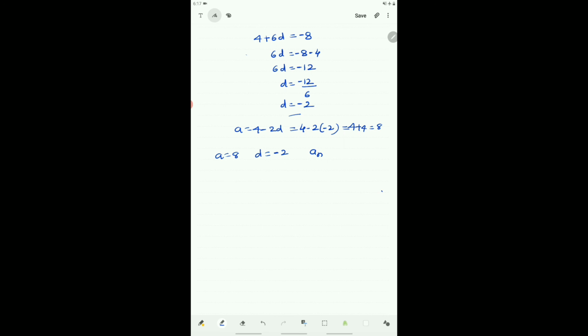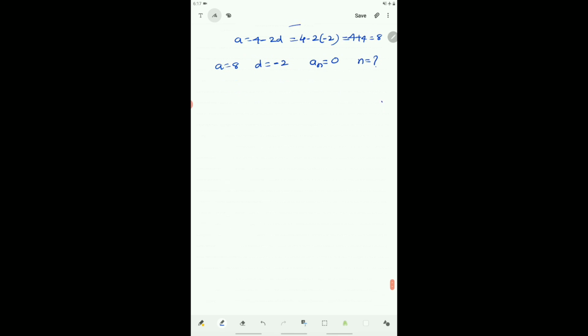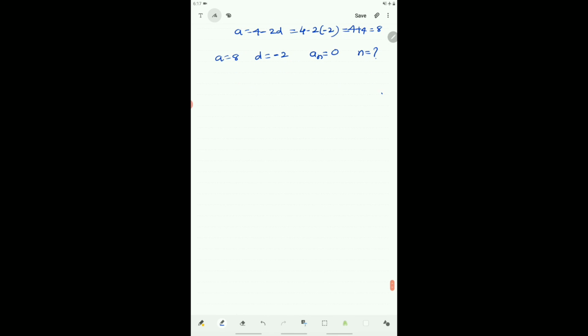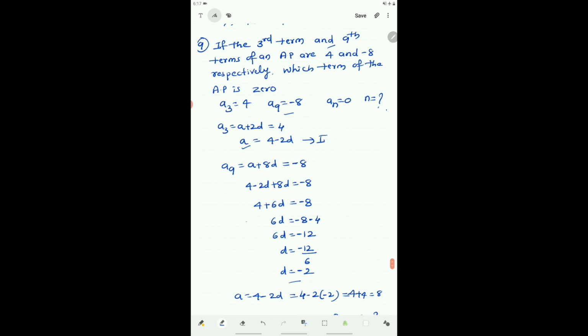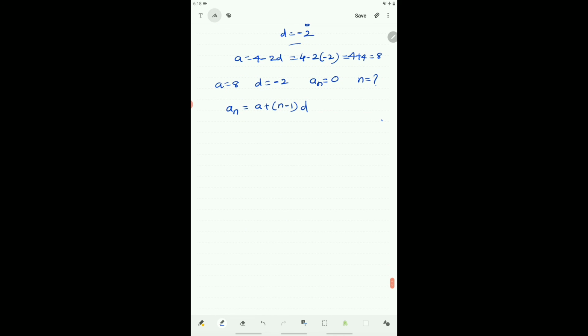And An you have taken 0 and n you have to find out. And write the formula for An. That is An is equals to A plus n minus 1 into D. And A is here 8 plus n we have to find out.